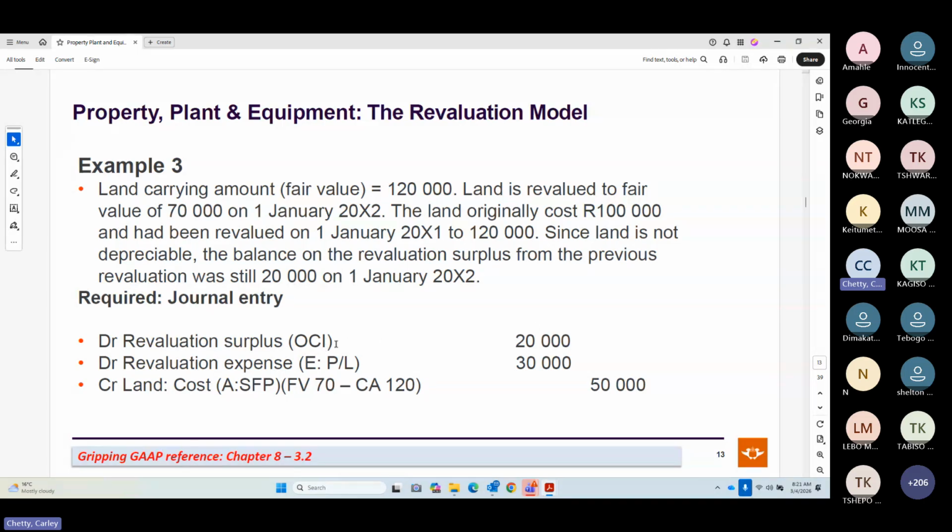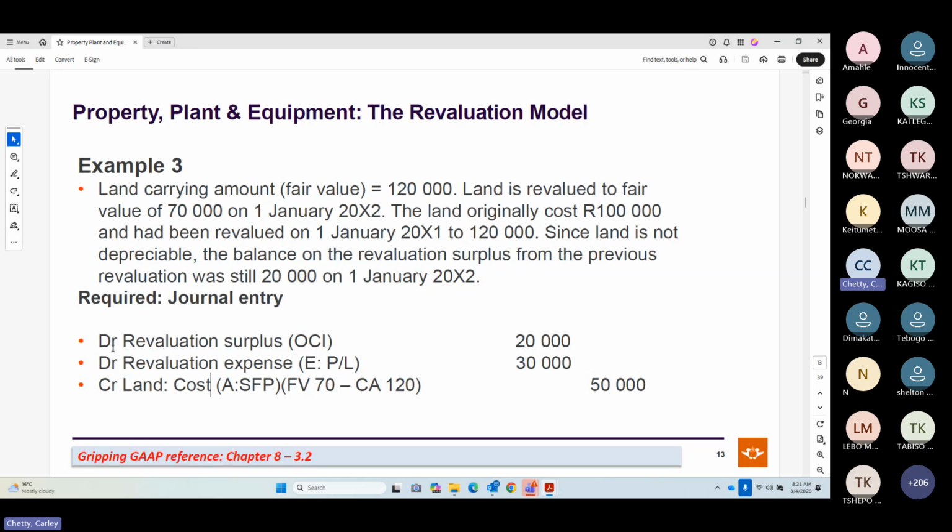And remember, this is in other comprehensive income. So we are essentially reducing the revaluation surplus account to 0. But then we still have 30,000 left. So the 20,000 decrease in revaluation surplus leaves 30,000 still that we need to put somewhere.